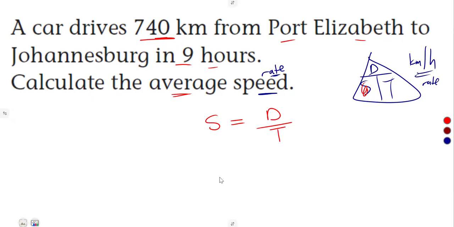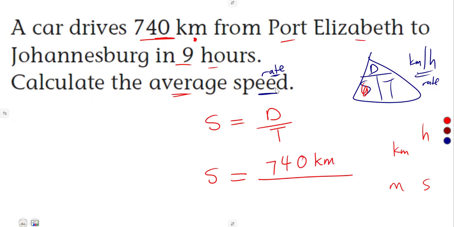So what is our distance? If the distance is given in kilometers, your time is in hours. If meters, your time is in seconds. It is best that way. So we are given our distance in kilometers, 740 kilometers, over the time in hours, which is 9 hours, kilometers per hour. So know what distance represents, guys.